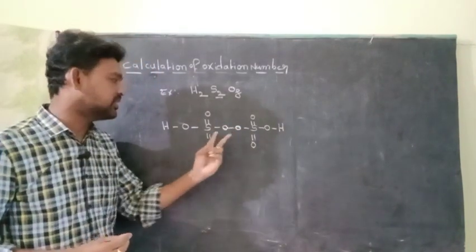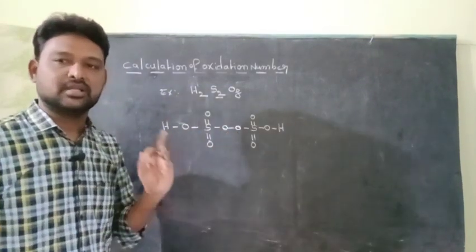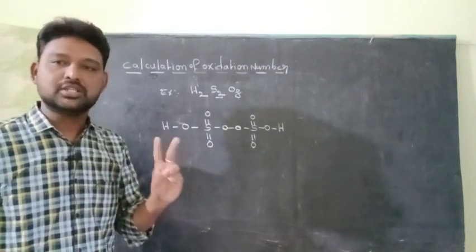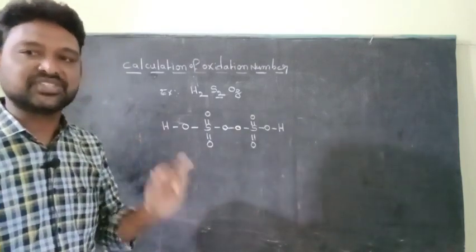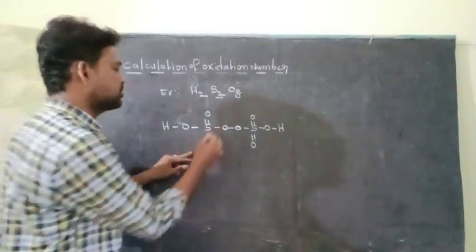So these two oxygen atoms are not normal oxygen atoms. These two oxygen atoms are peroxygen atoms, so each oxygen has a -1 oxidation state.